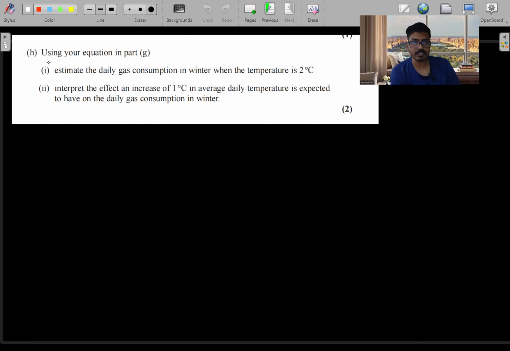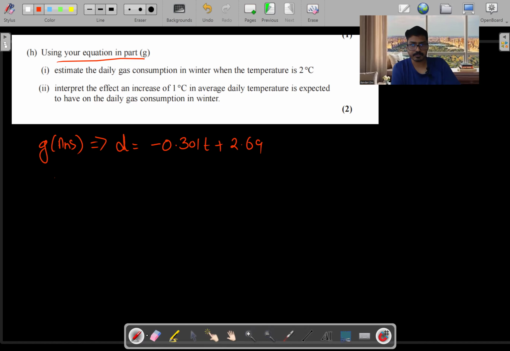They are saying using the equation in part G, so we need to use part G. What is our answer of G? D is equivalent to minus 0.301 T plus 2.69. That was our value of G.